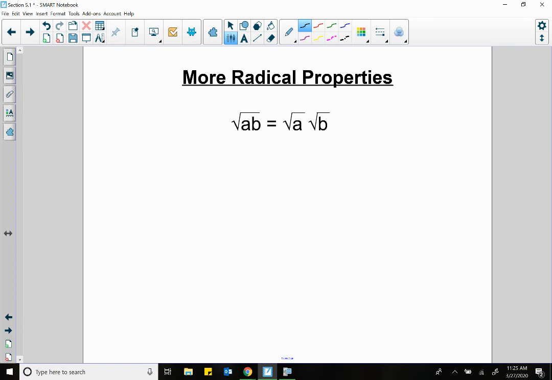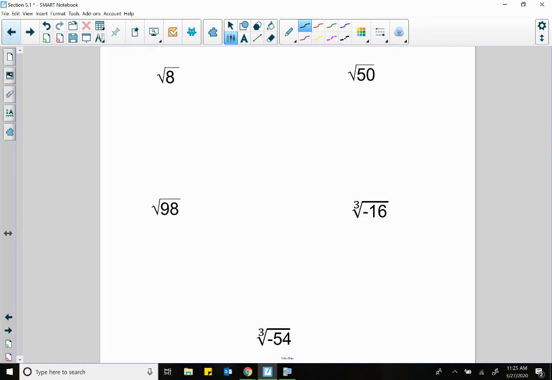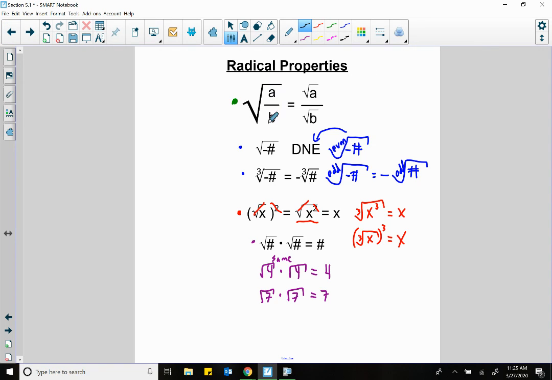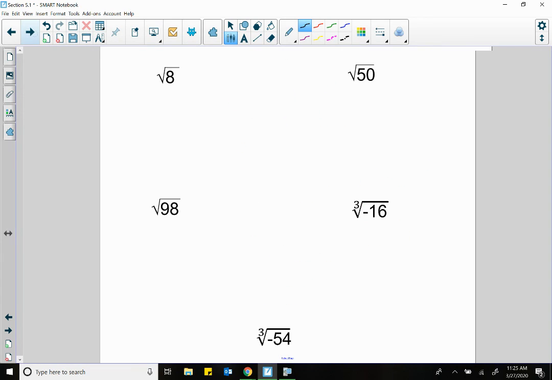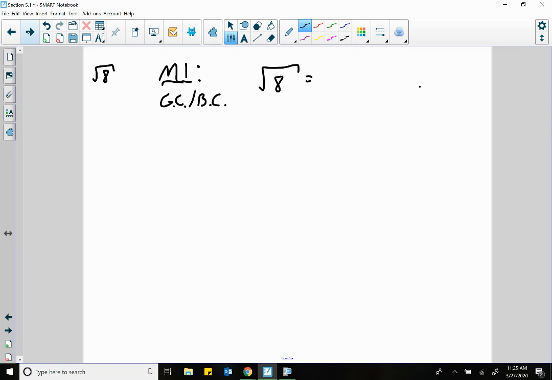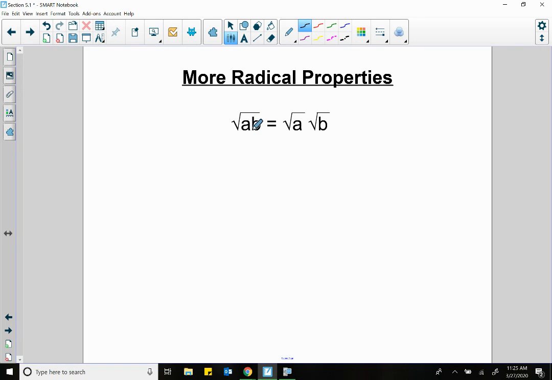This property says that if you have 2 numbers under a radical that are being multiplied, we can separate them. That's just like what we talked about with division under a radical. I can do the same thing with multiplication. I've got 2 numbers under a radical being multiplied, so I can separate them out.